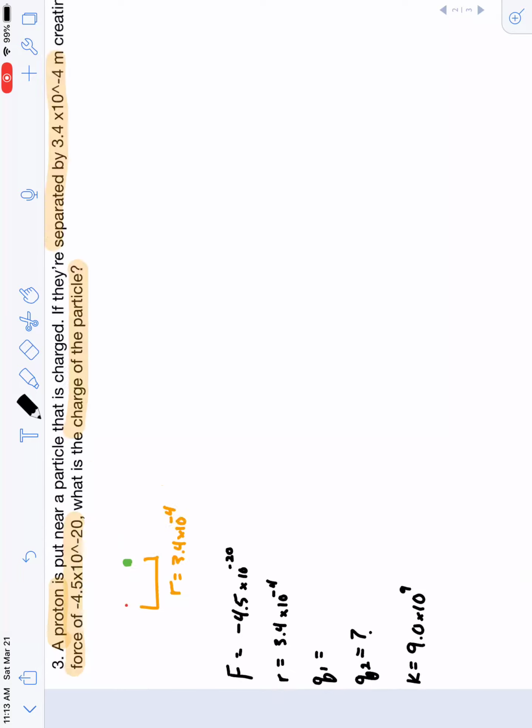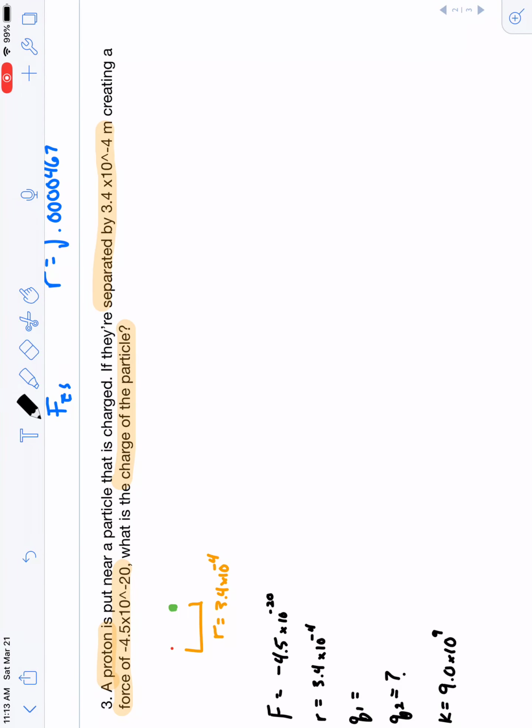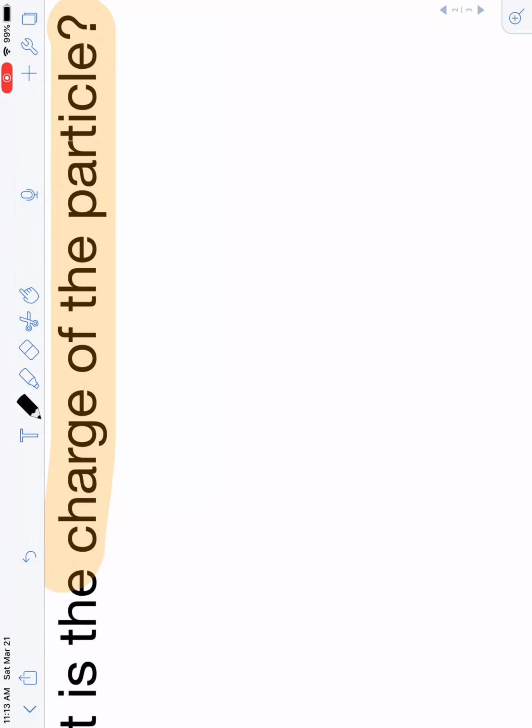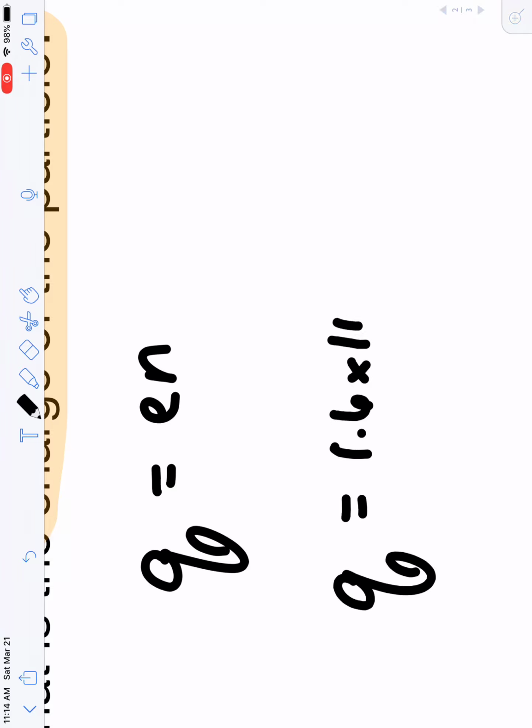Now, Q1, again, we talked about it. It's a single proton. We also said that the charge is going to be the elementary charge times the number. Obviously the charge for a single proton is its elementary charge. It's 1.6 times 10 to the minus 19th, times 1.